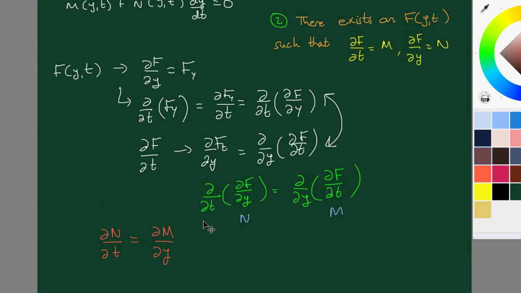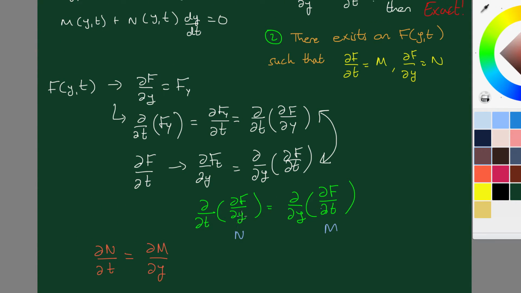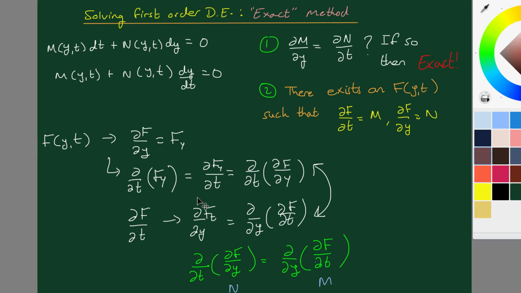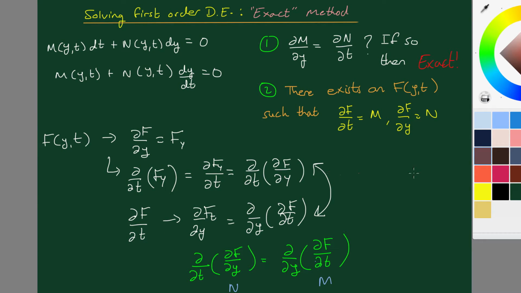So let's take a look at a problem. Before we do that, once we determine that the differential equation is exact, the third step that we want to do is to solve for f. Obviously, we want to solve for f of y comma t, right?